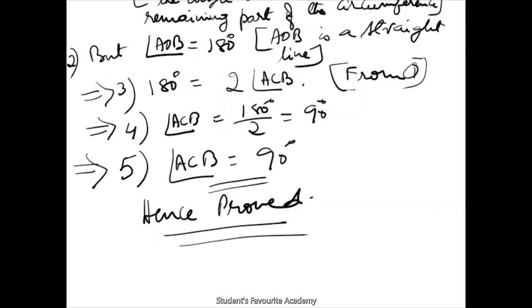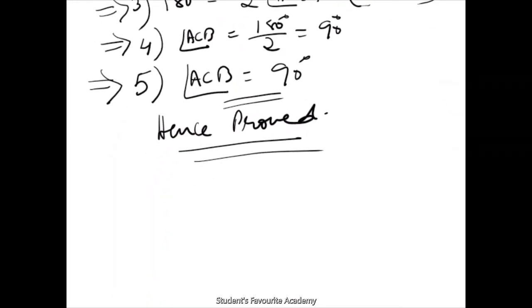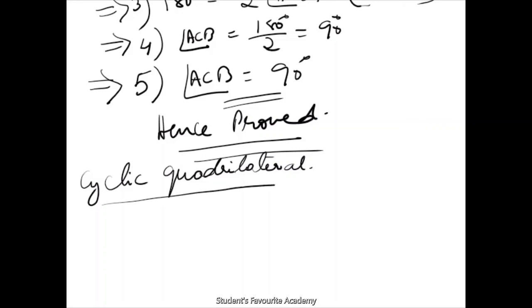Next. Now, before I proceed to the next theorem, I have to teach you about cyclic quadrilateral. First of all, what is a quadrilateral? A closed figure with 4 vertices, isn't it? Now, when such a quadrilateral is inscribed in a circle, inscribed in a circle means all the 4 vertices of the quadrilateral lie on the circumference of the circle, then the quadrilateral is called cyclic quadrilateral.